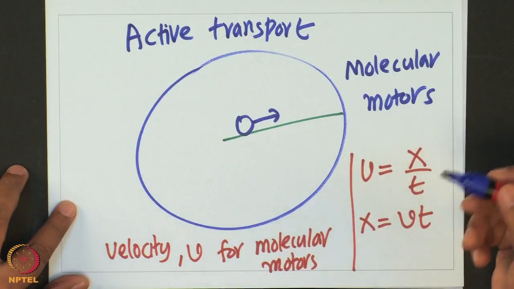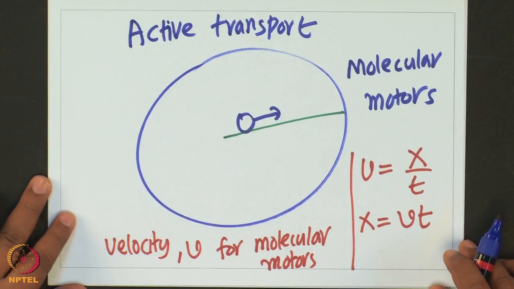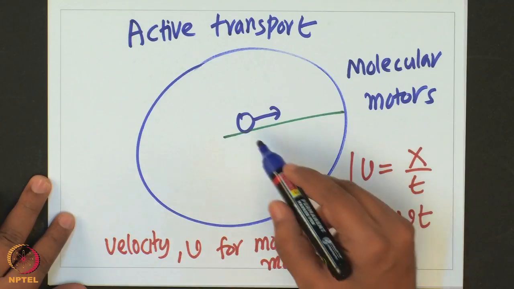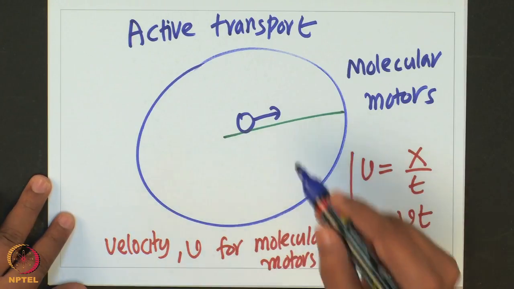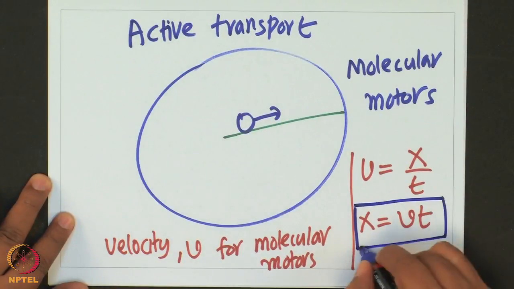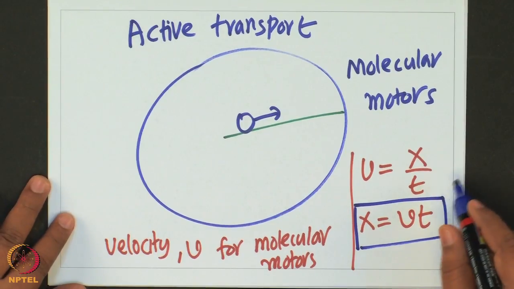The typical molecular motor names are kinesins and dynein. They walk along microtubules and transport vesicles. This should be contrasted with diffusive transport. So here just remember x goes as vt. There x went like root 2 dt.